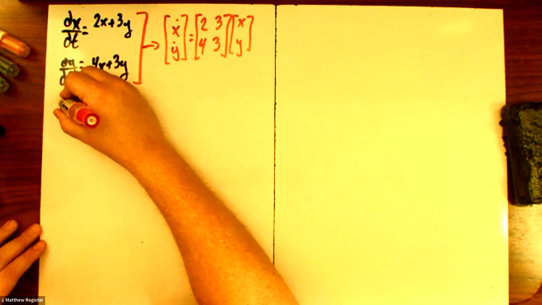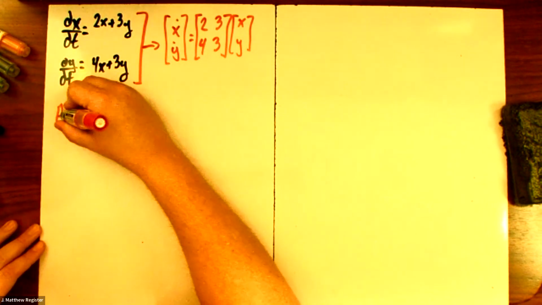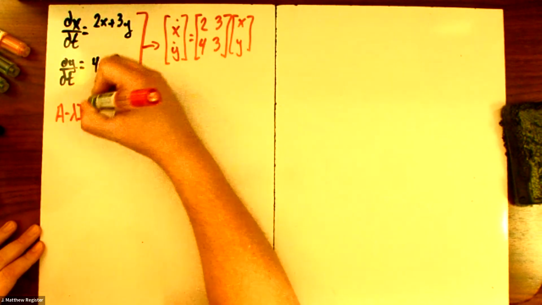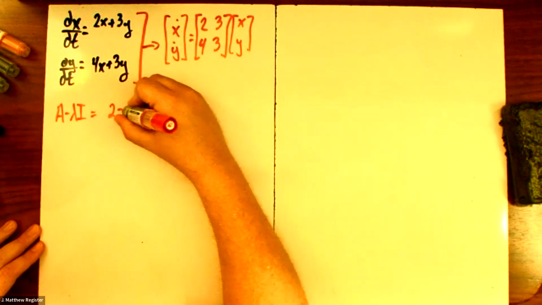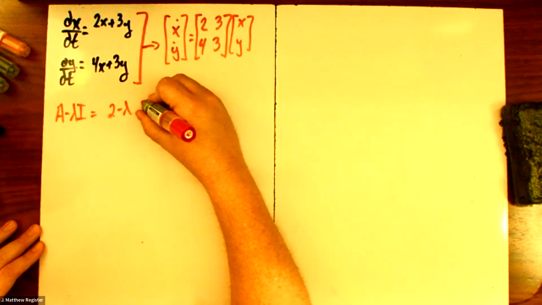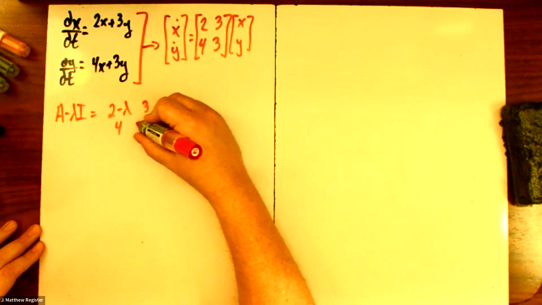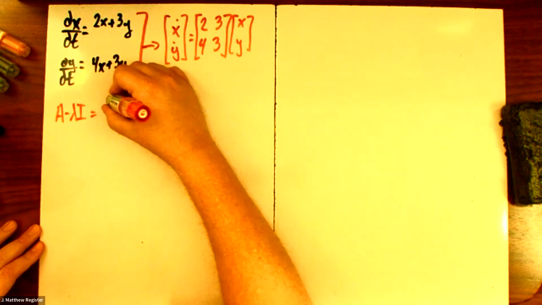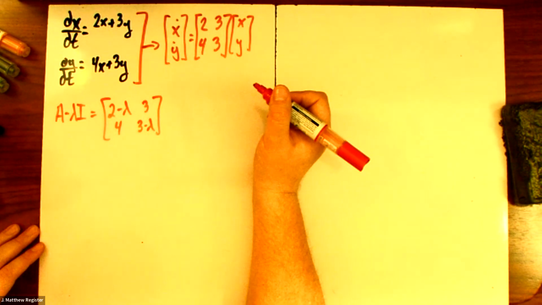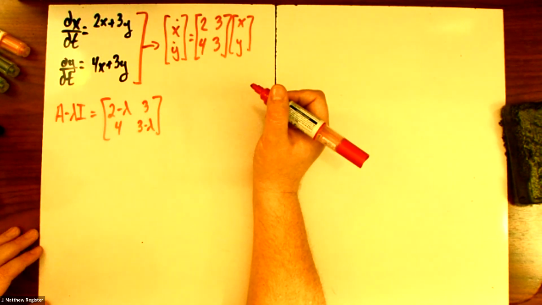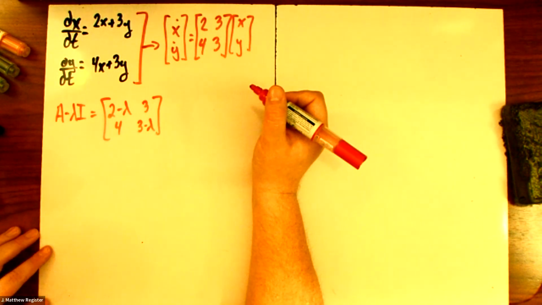And so write the matrix out so that it is A minus lambda I is equal to 2 minus lambda, 3, 4, and 3 minus lambda. The reason I did that is because eventually we're going to need to find the eigenvectors, and having this will make it easier to find the eigenvectors down the road.